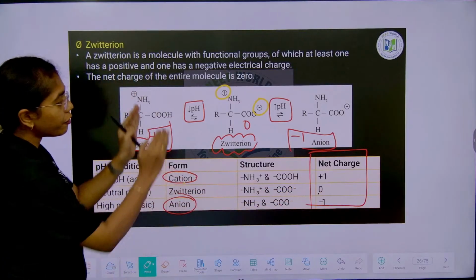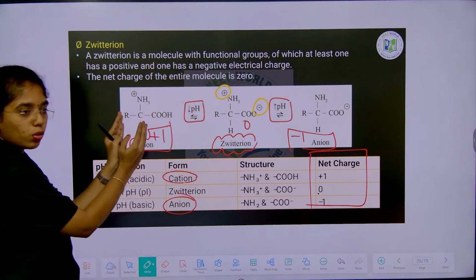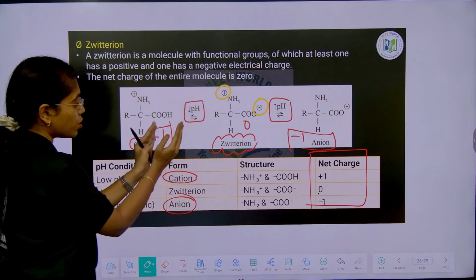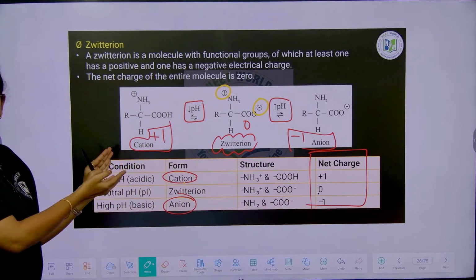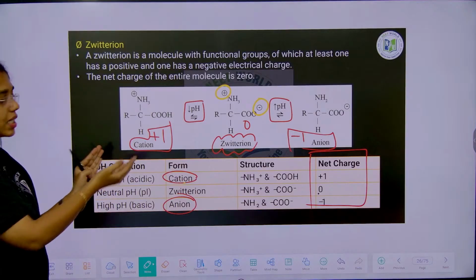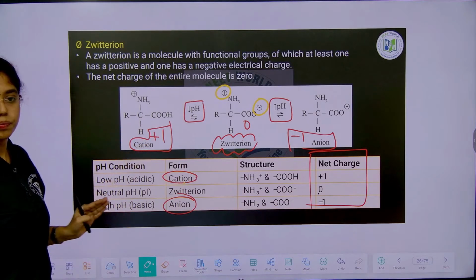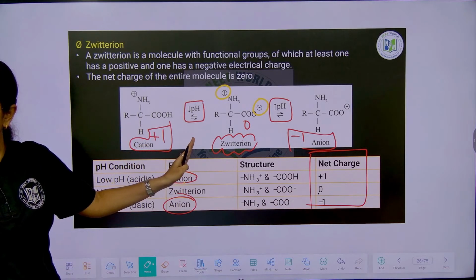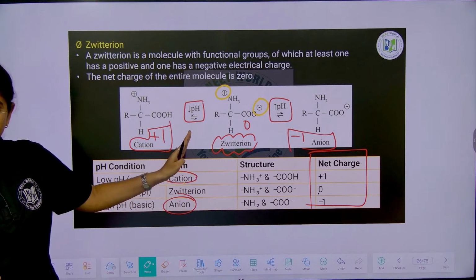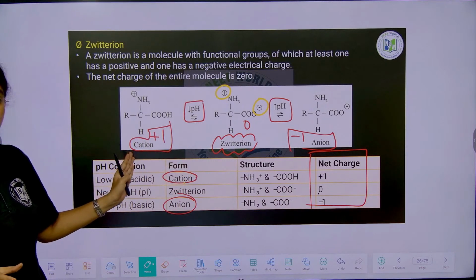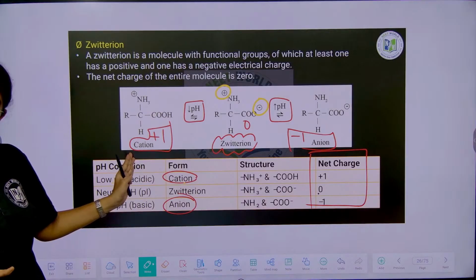Okay. And if the pH of the solution is reduced from neutral, then it will have +1 charge, and it turns to what? A cation. Decrease the pH, so it turns into what solution? Acidic solution, and it is changing to a cation where the net charge will be +1.